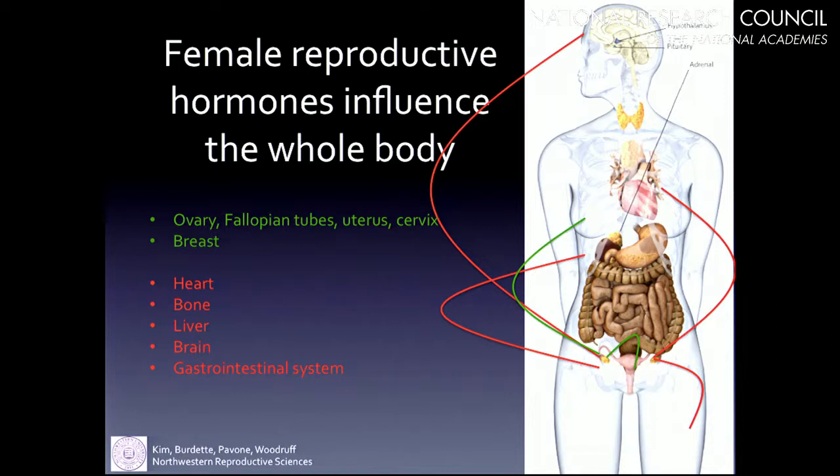It affects organs such as the heart, the bone, the liver, the brain, and the gastrointestinal system. So you can imagine that when you start testing certain compounds or drugs, it's going to be essential to have that layer of reproductive hormones on top of your compounds.